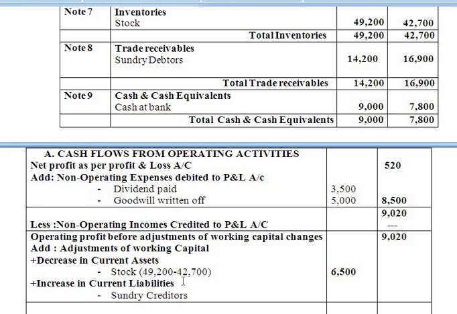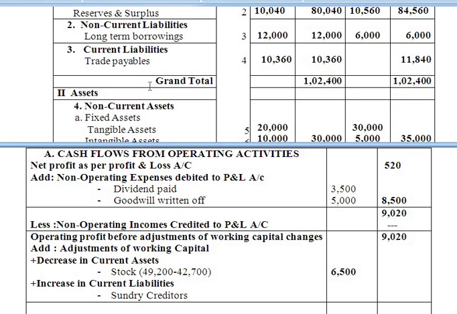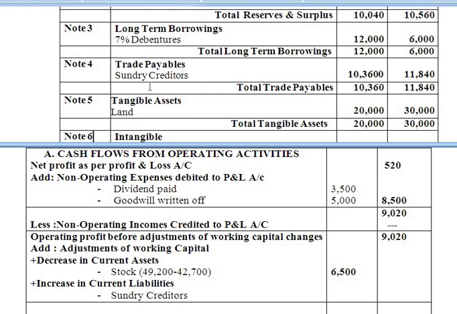Okay, so next one is increase in current liabilities. Here is the list of current liabilities. In current liabilities we have trade payables, and trade payables include sundry creditors. The amount of sundry creditors has increased. How much increase in the amount of sundry creditors?